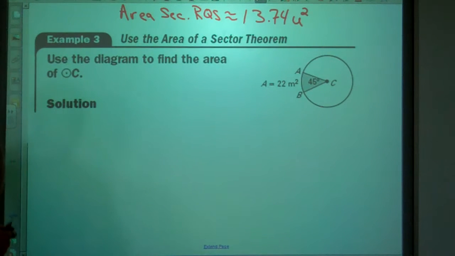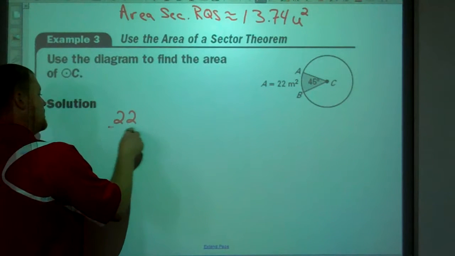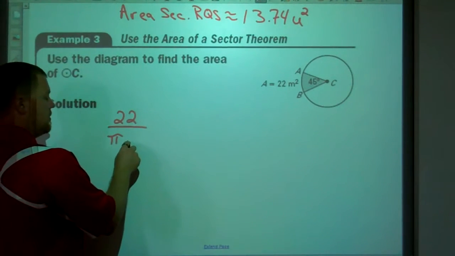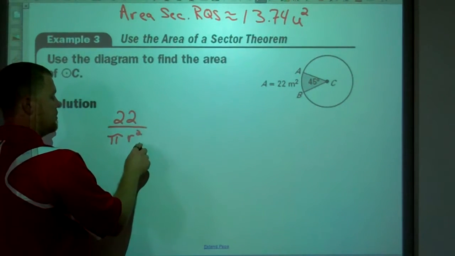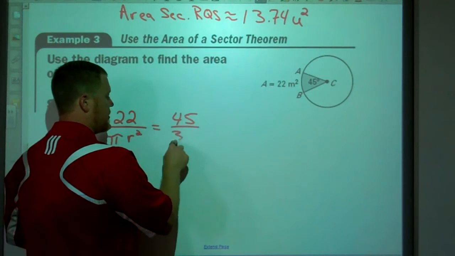Now, same thing here. Use the diagram to find the area of circle C. So we're finding the area of the circle now. They tell us the area of the sector. We know the angle measure, and we know the area of the sector. So the area of the sector divided by the area of the circle, which we don't know, equals the measure of the arc divided by 360.